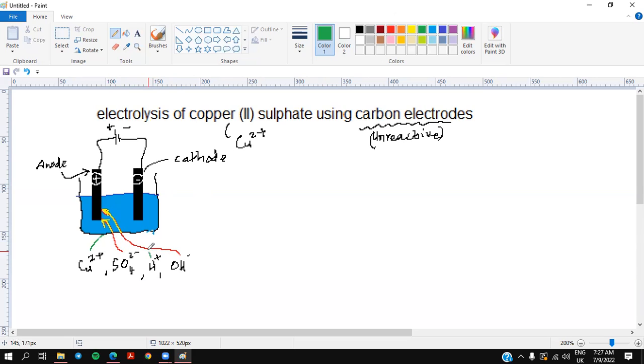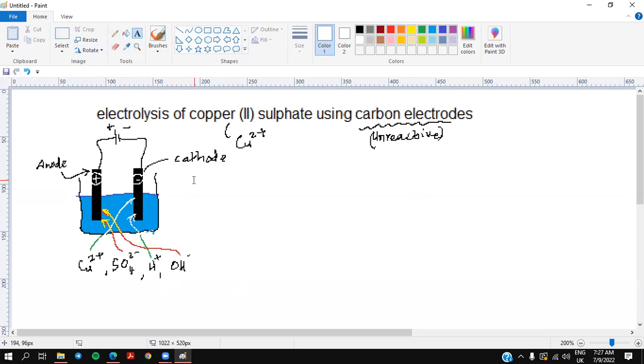Hydrogen ions, positively charged. They both travel towards the negatively charged cathode. And then what happens? They begin to react at the anode and cathode. Anions are going to react at the anode, cations are going to react at the cathode.